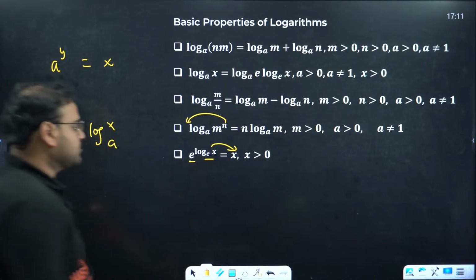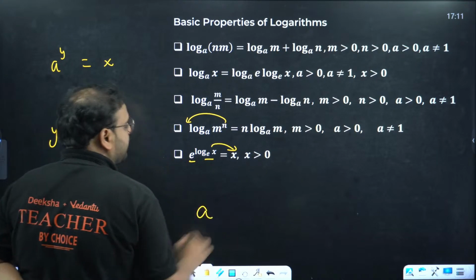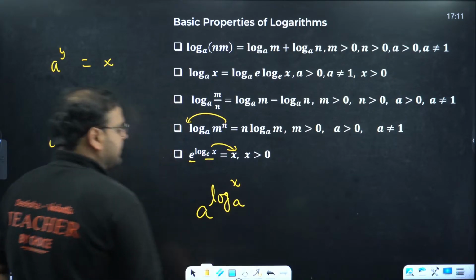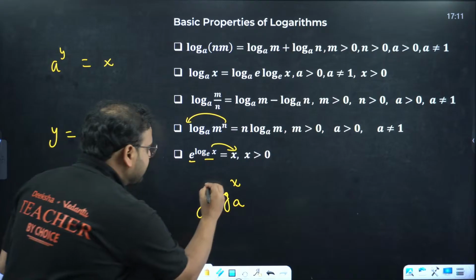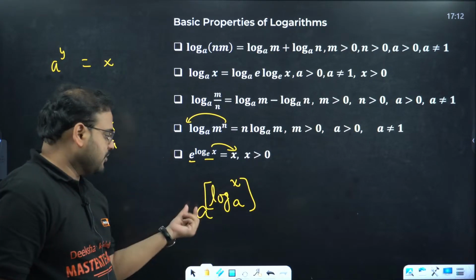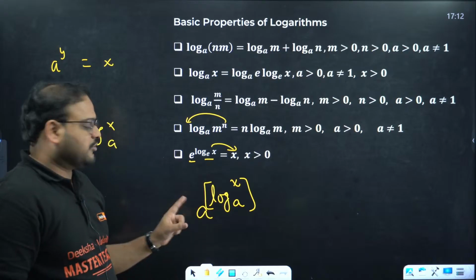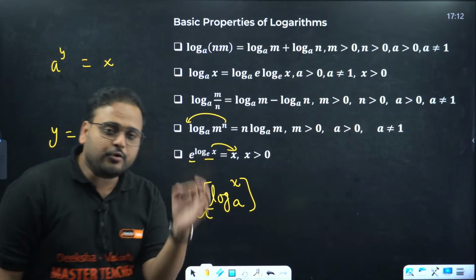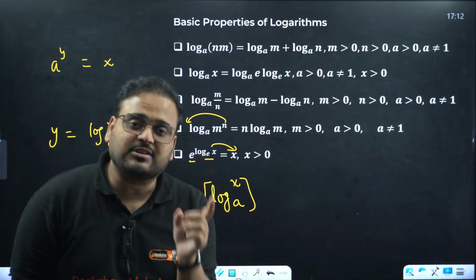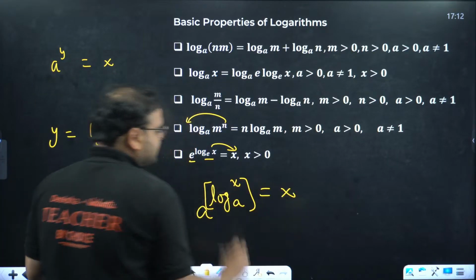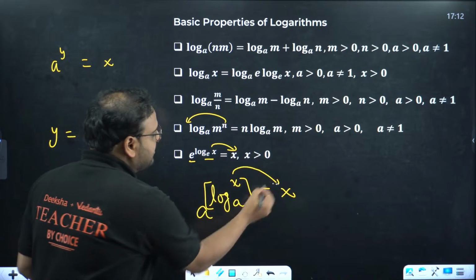You have a property that whenever you take a to the power log of x with the same base a, this is basically an exponential function, a to the power something. What is the base? a. The log function's base is also a. So if you have a log function and an exponential function with the same base, the answer is this value x. Whatever is over here, the same will be the answer.